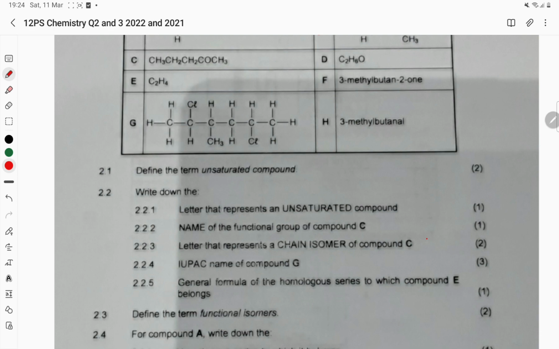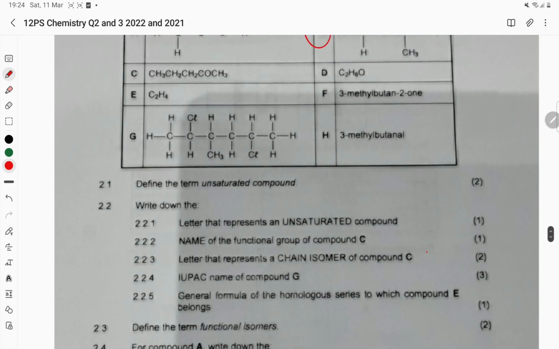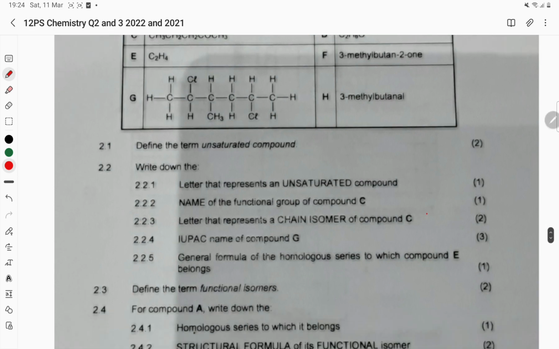All right, and then they'll ask for the general formula for E, which is C2H4, and you only have 4 hydrogens, so it can't be an alkane. What about a double bond? Yes, 4 hydrogens, that's an alkene. If it was a triple bond, you'd have just 2 hydrogens, so that would be C2H2.